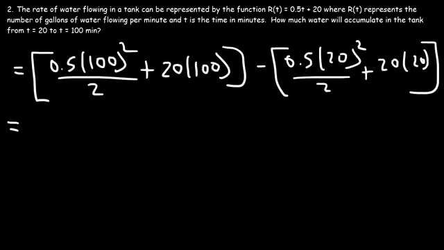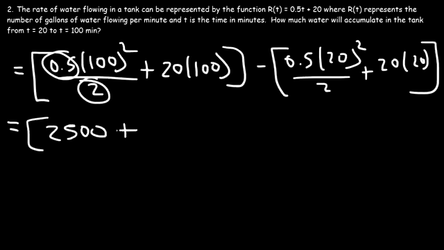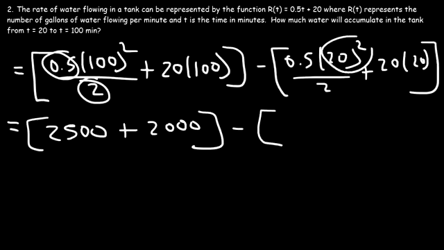100 squared is 10,000, and 10,000 divided by 2 is 5,000. Half of 5,000 is 2,500. And then 20 times 100 is 2,000. Here we have 20 squared. So 20 times 20 is 400. Divided by 2, that's 200, and then half of 200, that's 100.